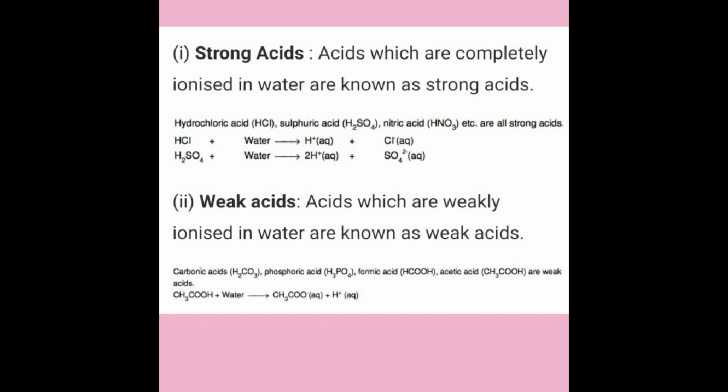Phosphoric acid, H3PO4. Formic acid, HCOOH, that is present in red ants. Acetic acid, CH3COOH, that is our vinegar, are weak acids. When you add vinegar to water, it ionizes into acetate ion, CH3COO minus, and H plus ion.